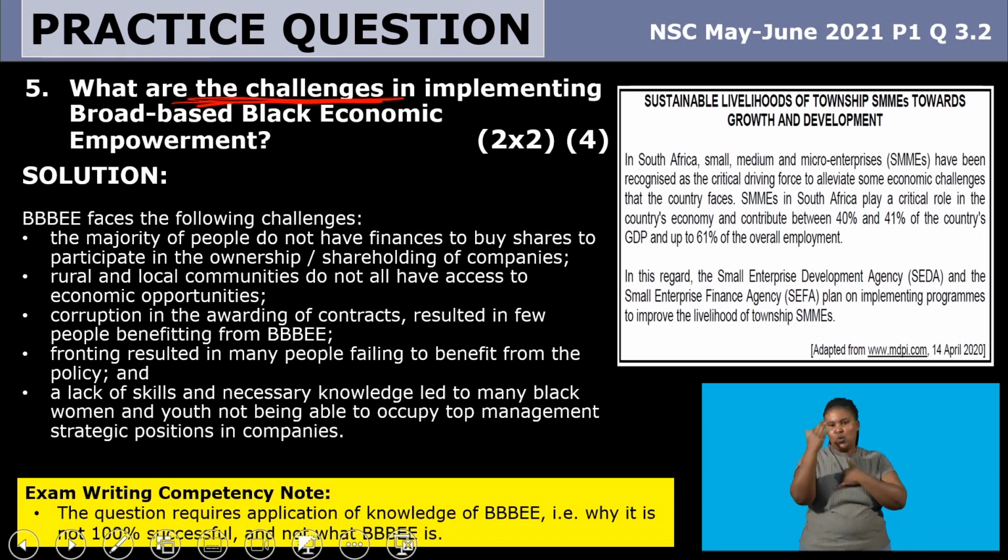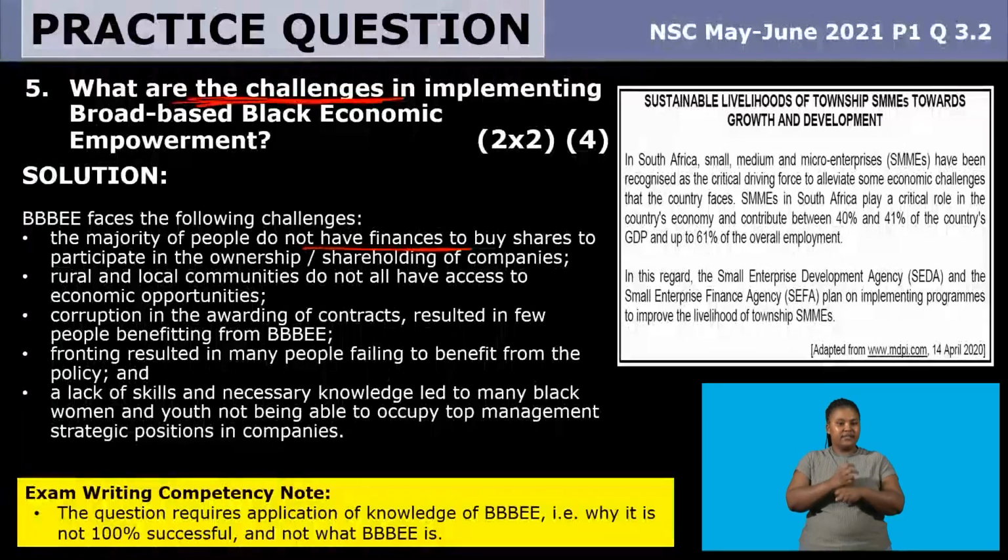So lack of finance becomes a challenge when people would want to be part of the owners of companies. And number 2, rural and local communities do not all have access to economic opportunities. So lack of access to economic opportunities.